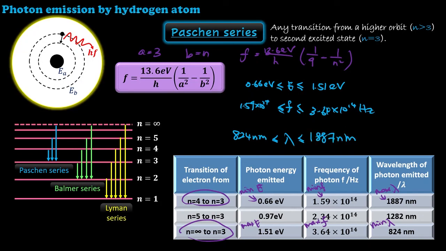So the Paschen series will produce photons with this range of energy, frequency and lambda. If you refer back to your electromagnetic spectrum, this range of lambda is actually infrared.